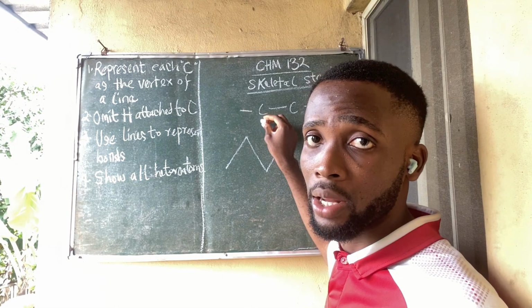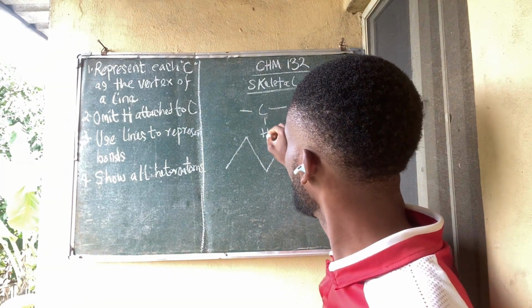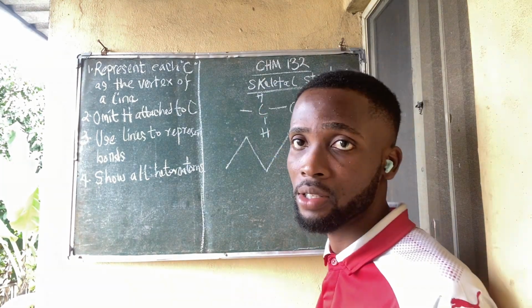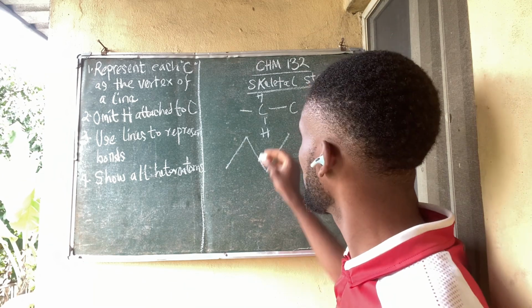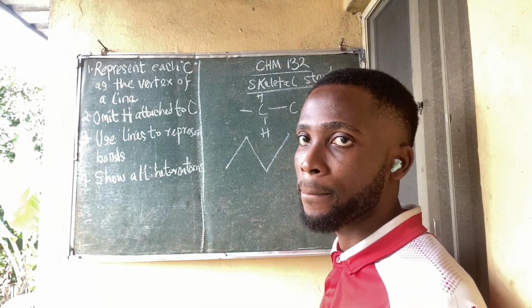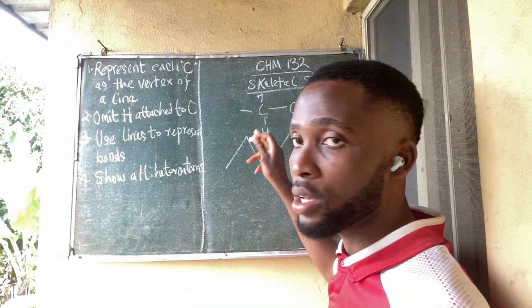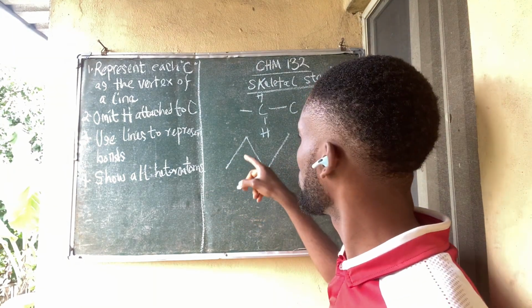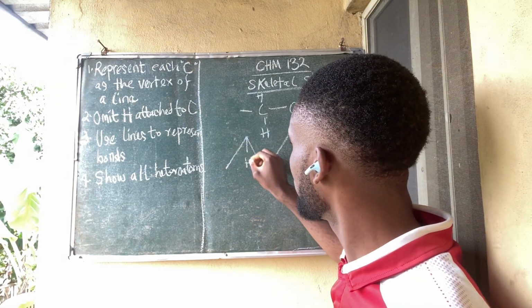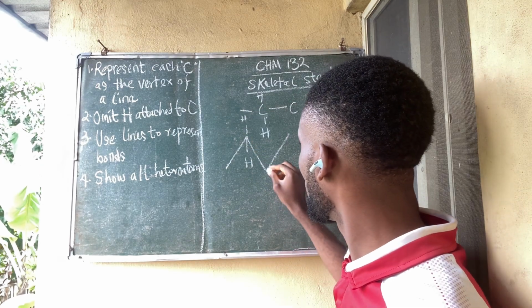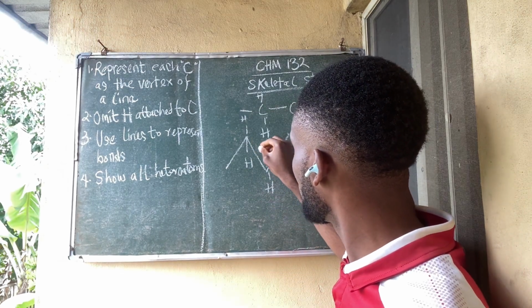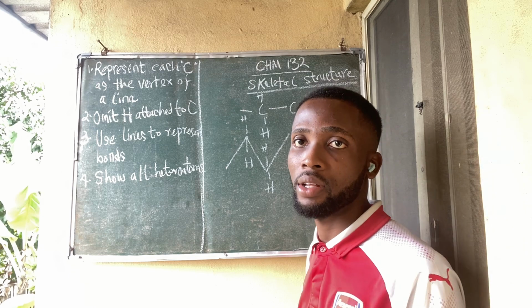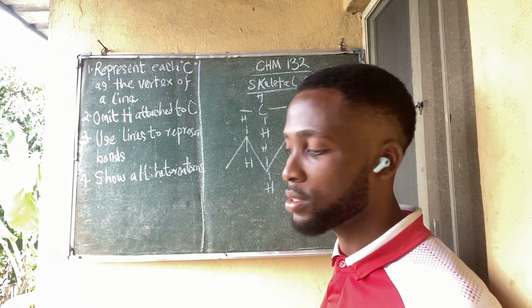Ordinarily, to complete the tetravalency of carbon, we are meant to add 2 hydrogen, right? Now, all of that hassle won't be there when you're dealing with the skeletal form, because you won't have to come and say hydrogen here, and hydrogen here. So you can see that it actually makes our work a lot faster.